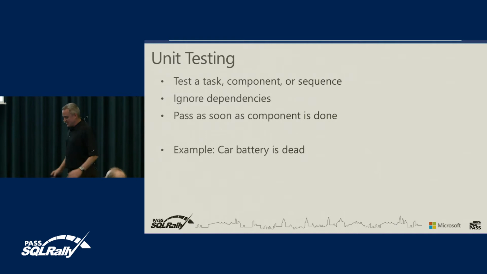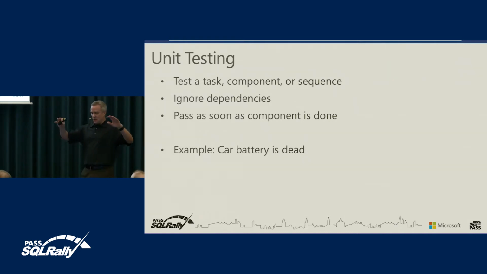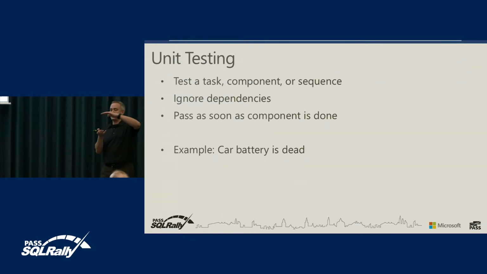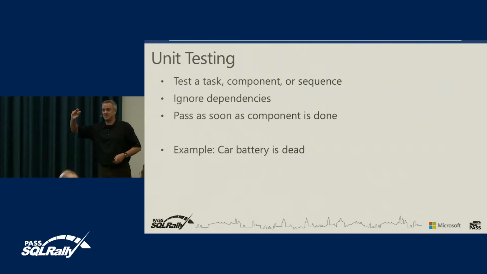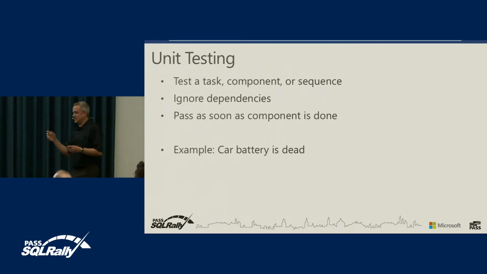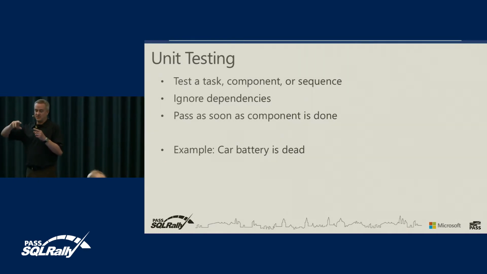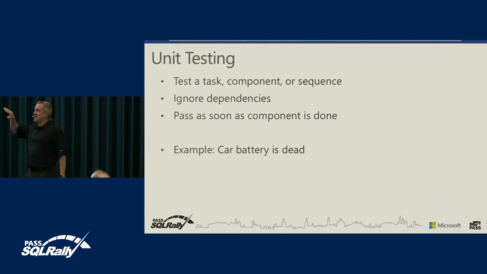When we talk about unit testing, we could easily unit test, let's say, a SQL task within a control flow. We can test that and see if it completed, and then after that completed, we could go back and do some testing on that specific item. Because when I look at a unit test, I look at it as a very small piece of code that I'm going to test, and it's not really using any other dependencies.